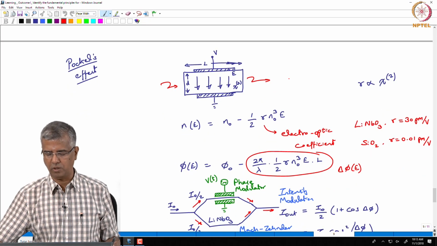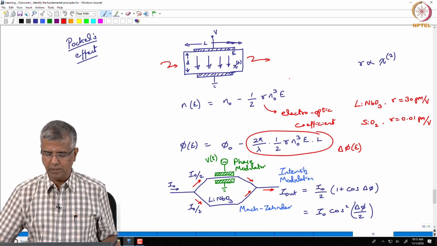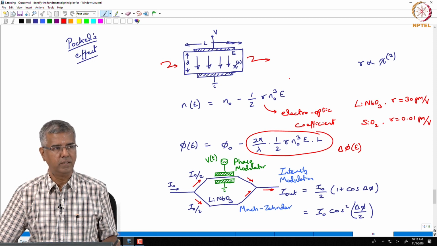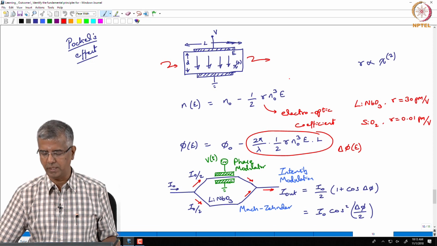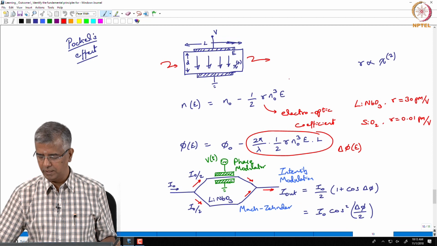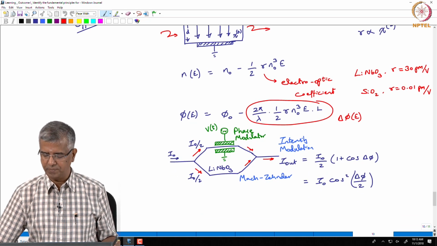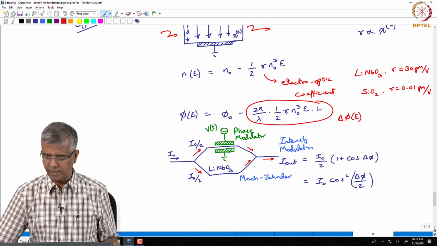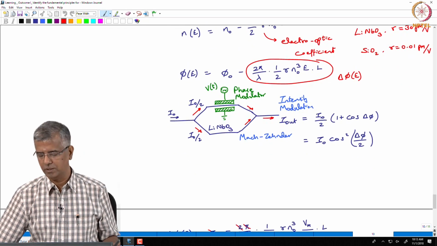Through the Pockels effect we said we could manipulate the phase of light using an external voltage, an external electric field. And so you can essentially build a phase modulator, and that phase modulator, when incorporated inside a Mach-Zehnder interferometer, can provide you intensity modulation.